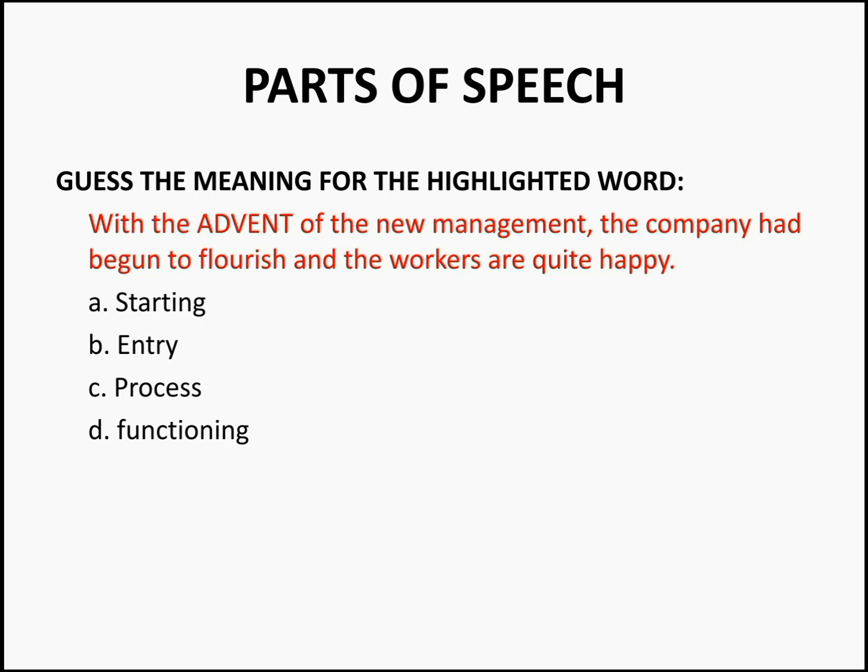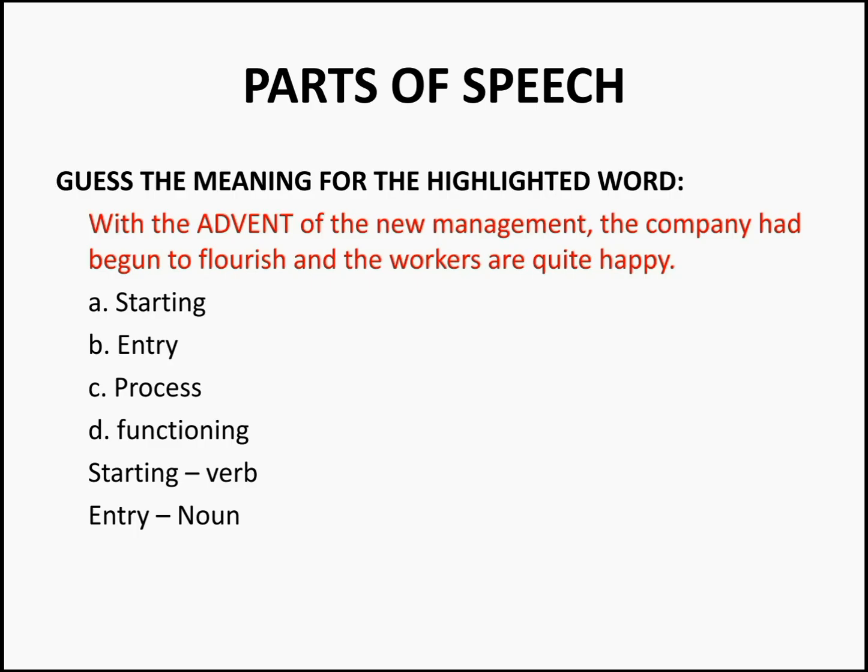If you closely observe the options, you see option A and option B mean the same, isn't it? But what is the difference? The answer is parts of speech. In the question, again I'm repeating, the highlighted word is advent, which is a noun. But in case of your option A, starting is in the verb form and entry is in the noun form.